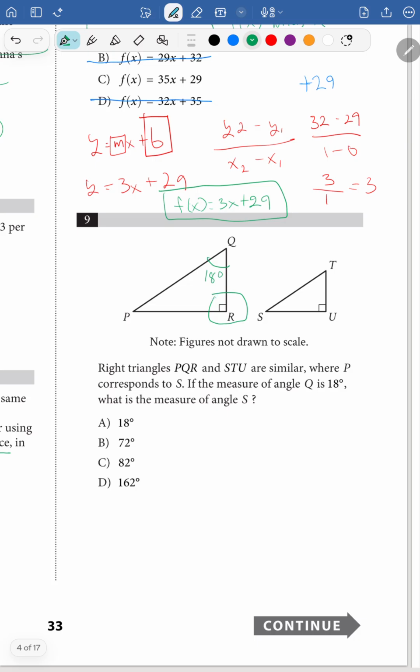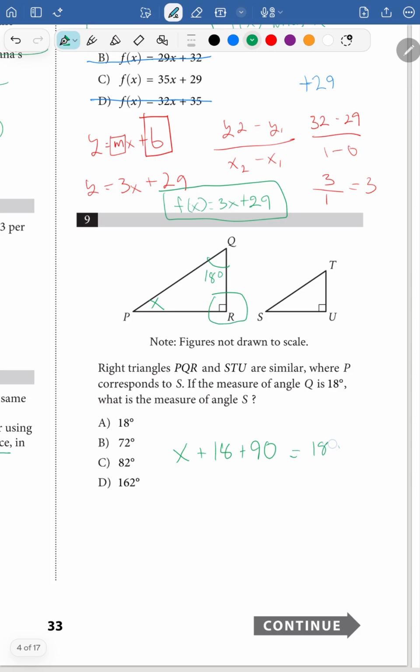Now we don't know P, so let's put X. So we know two of the values, and we know that they should add up to 180 degrees. So let's put that as an equation. X plus 18 plus 90, which is the right angle, is equal to 180.